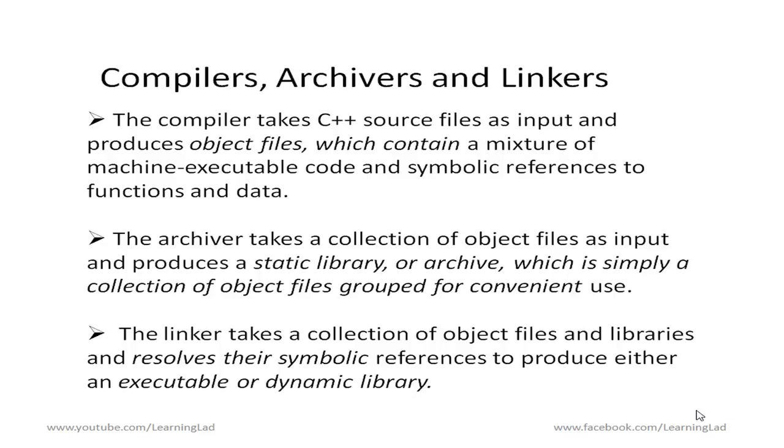Once we have these object files, we pass them to the linker. The linker links them, all the symbolic references to the functions or the data we have made will be resolved, and an executable file or a dynamic library file, a DLL file, will be generated.